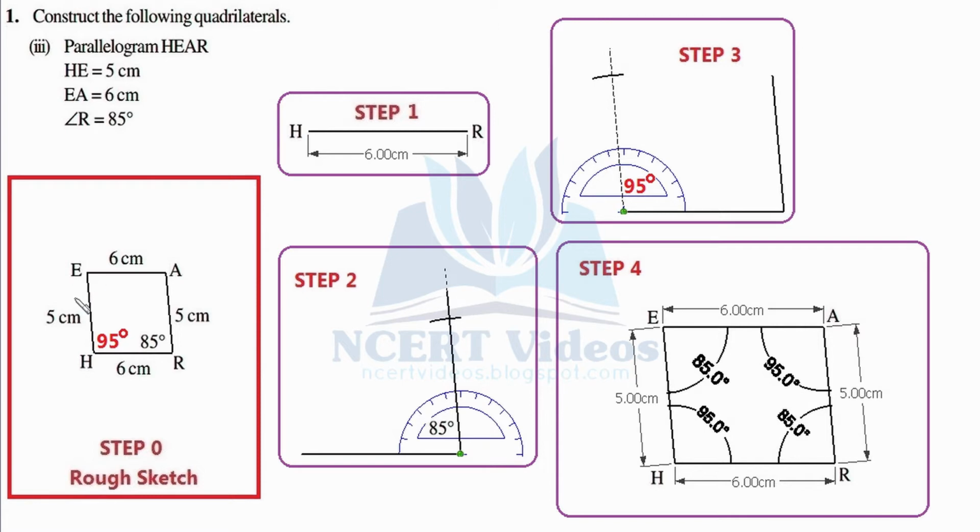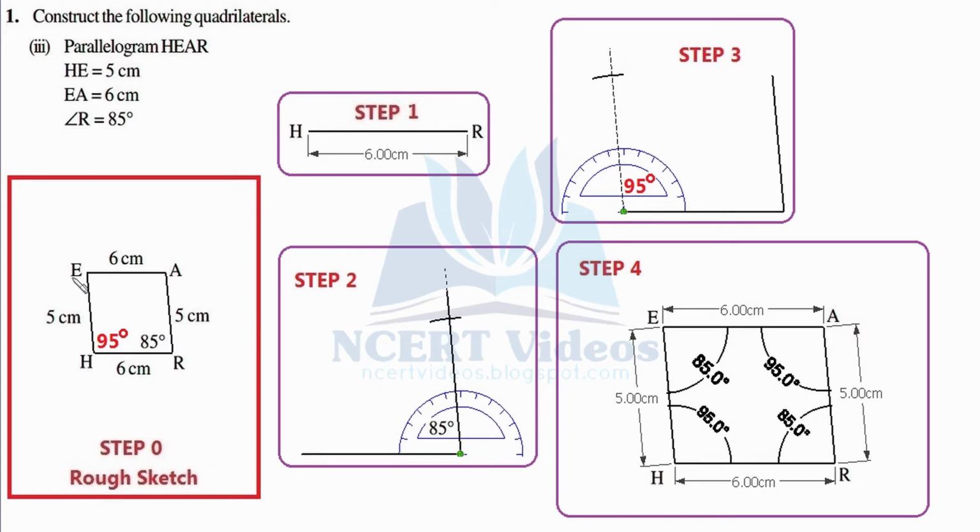So if E is over here, that means H should come somewhere here. So if H will come somewhere here, so it will be like HEA, then R should come somewhere here. So with this concept in our mind, we try to construct another parts of our rough sketch.